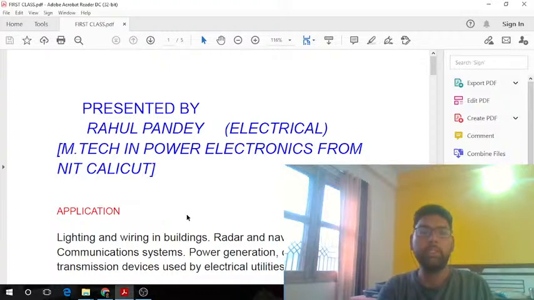In our household there are various electrical appliances such as fan, laptop, computers, water heater, washing machine. All these things run through electricity, and electricity is used everywhere in our day-to-day life as well as industrial application and more.